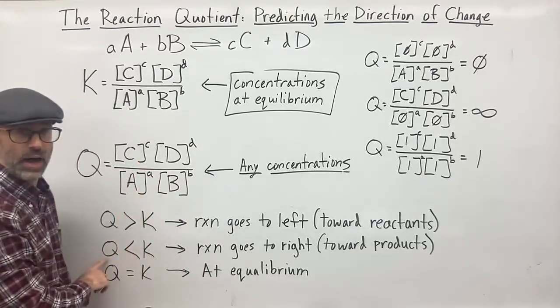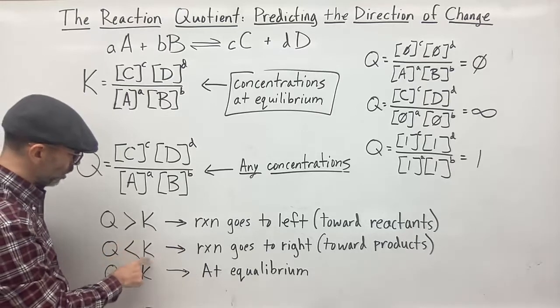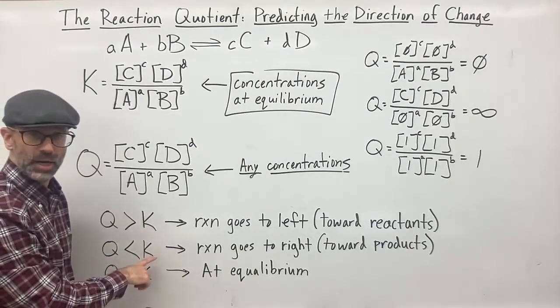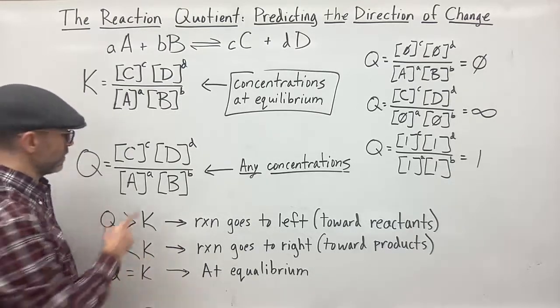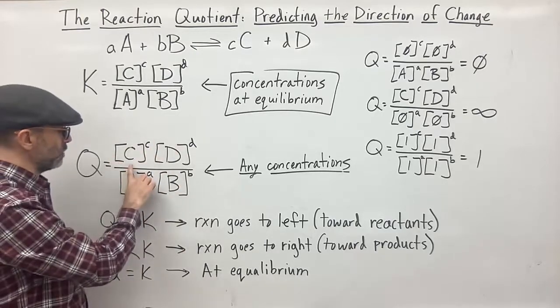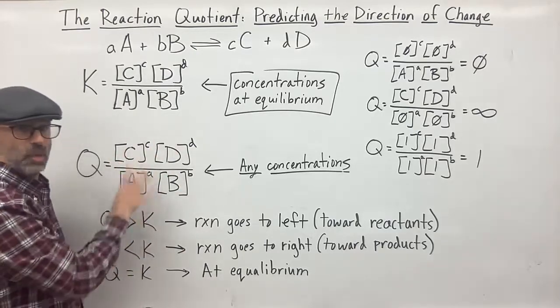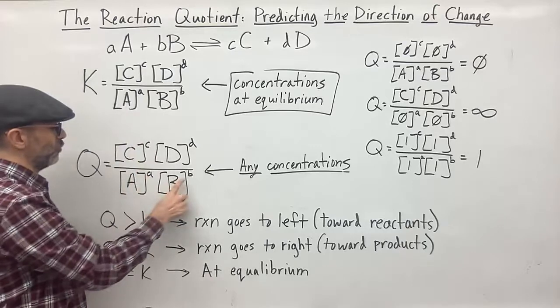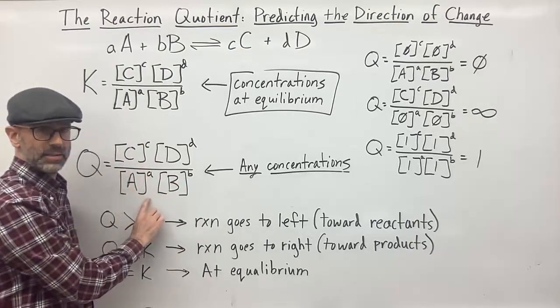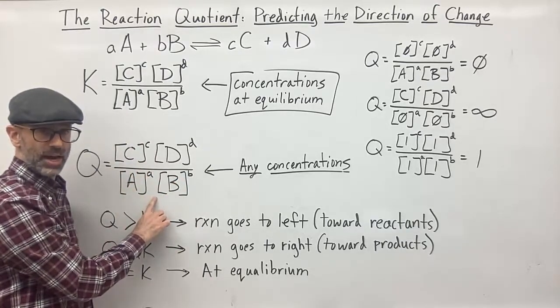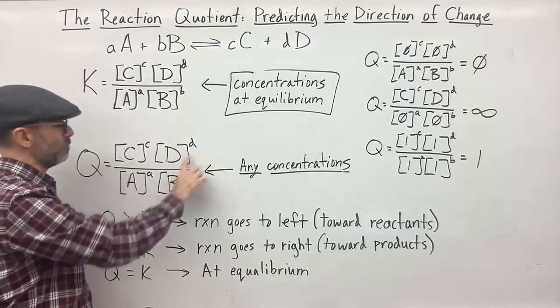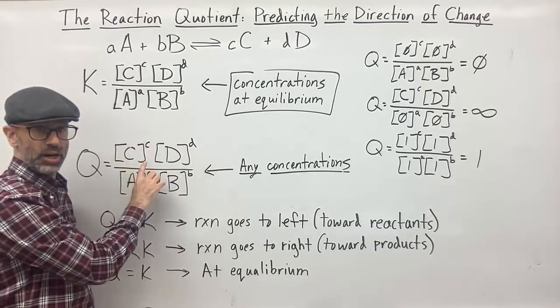If your Q value is smaller than your equilibrium constant, then it's the opposite. If Q is smaller than K, that means you've got too much reactant on the denominator side and not enough product on the numerator side.